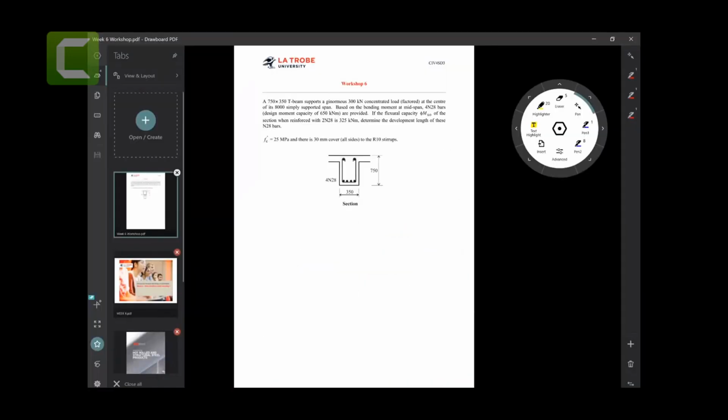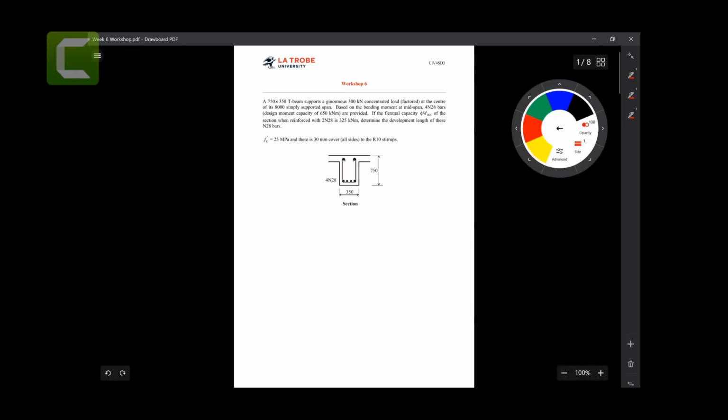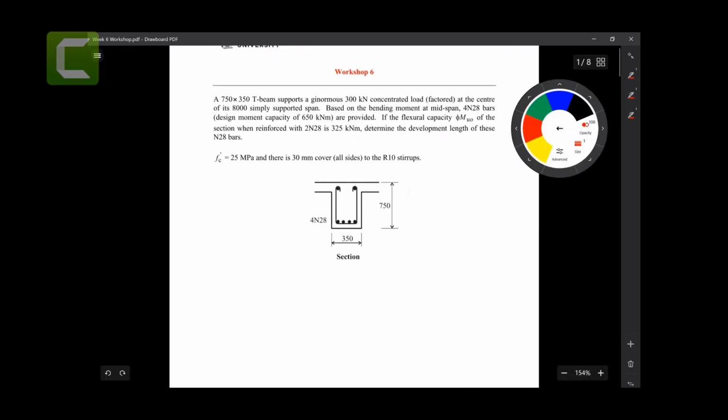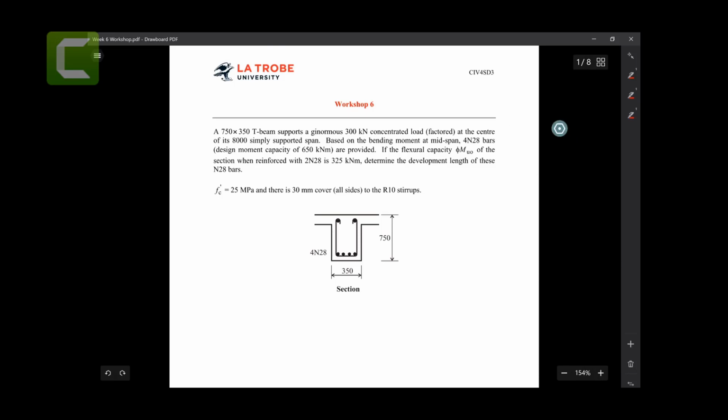Let's now talk about these examples here. Look, the maths is very simple, so I will not go through this maths. A 750 by 350 T-beam supports a 300 kilonewton concentrated load at the center, on an 800 simply supported beam.